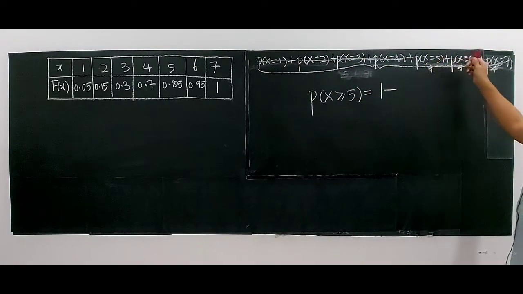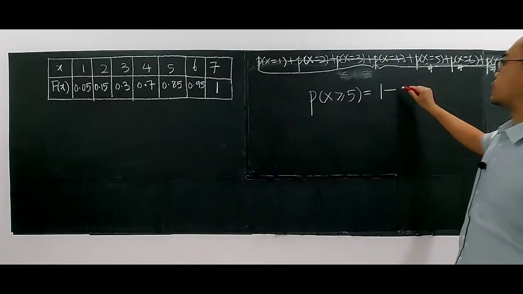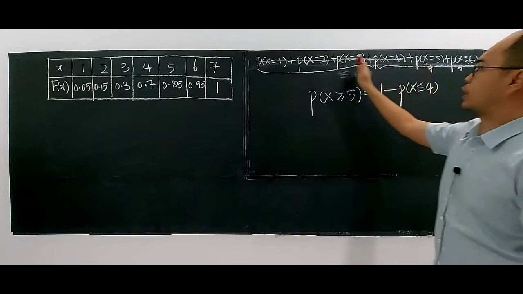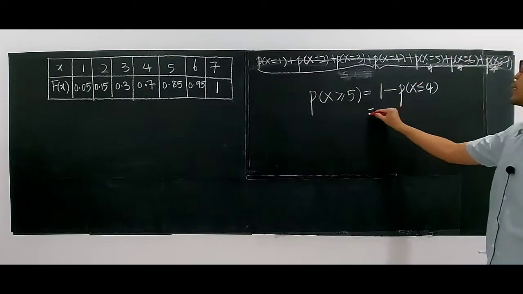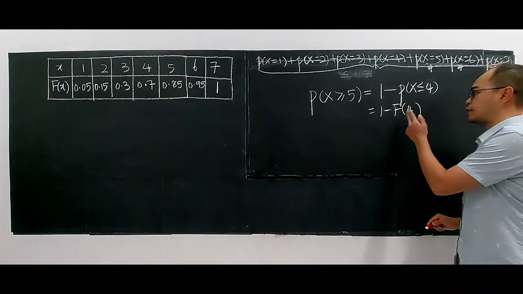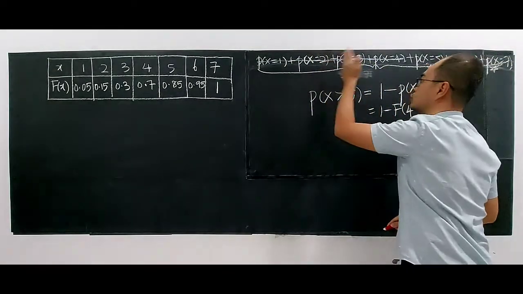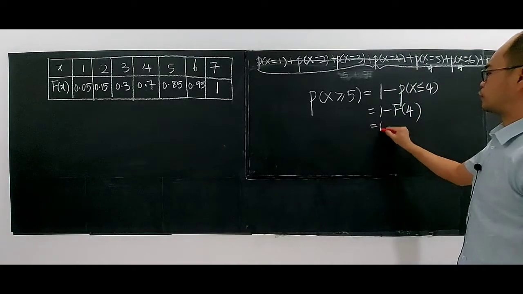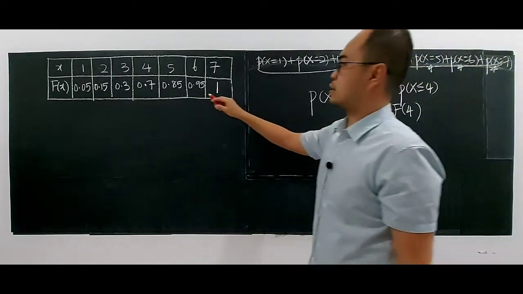Then only you can get 5, 6 and 7. So it is P(X less or equal 4), or we can say 1 minus F4, because you already understand that capital letter F4 means 1, 2, 3 added up to 4. So you can get F4 from the table there. So what is F4?